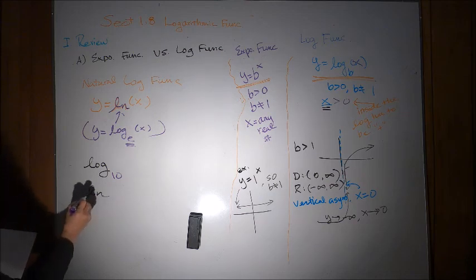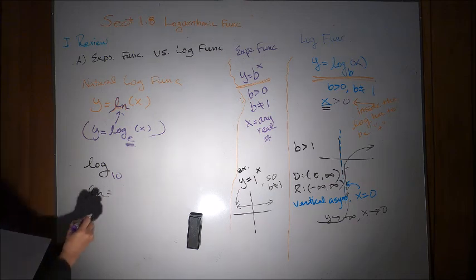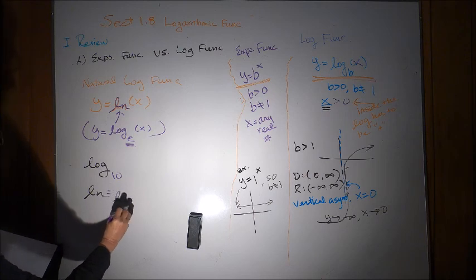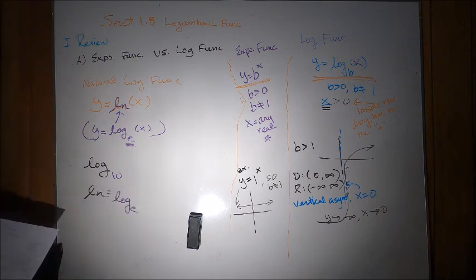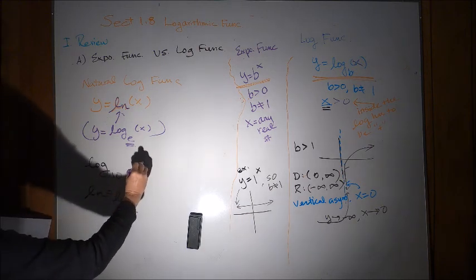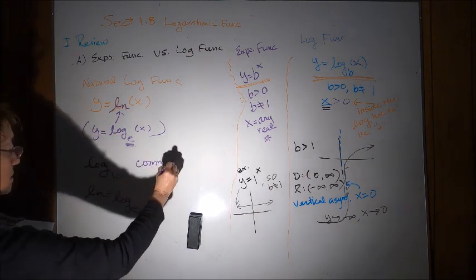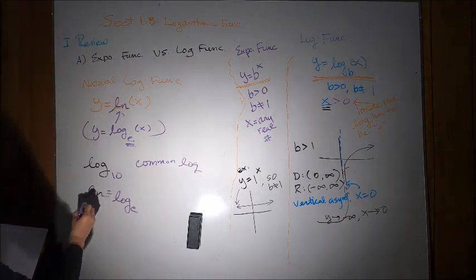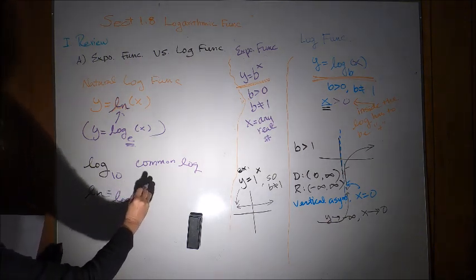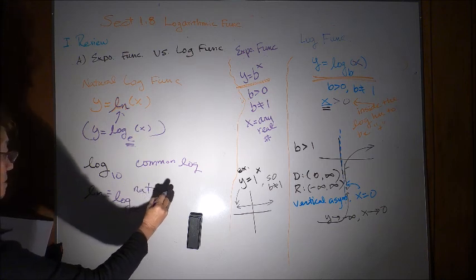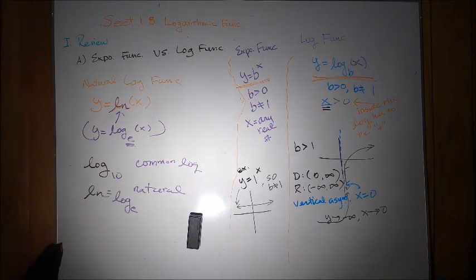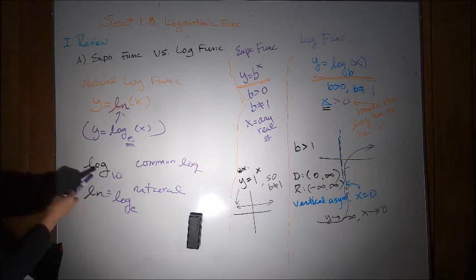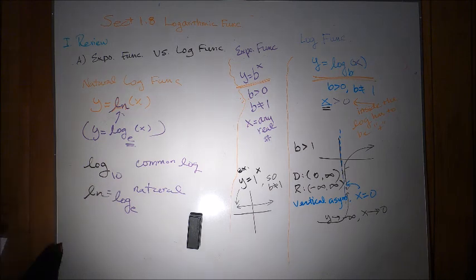And when you see ln, natural log, it means log with base e. So this one we call common log, and this one, ln, we call natural log. Those are the two symbols we use on the calculator.